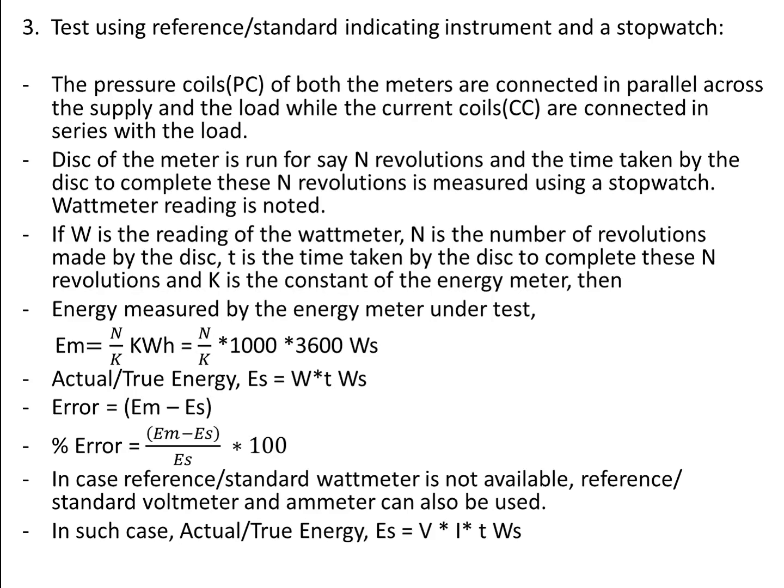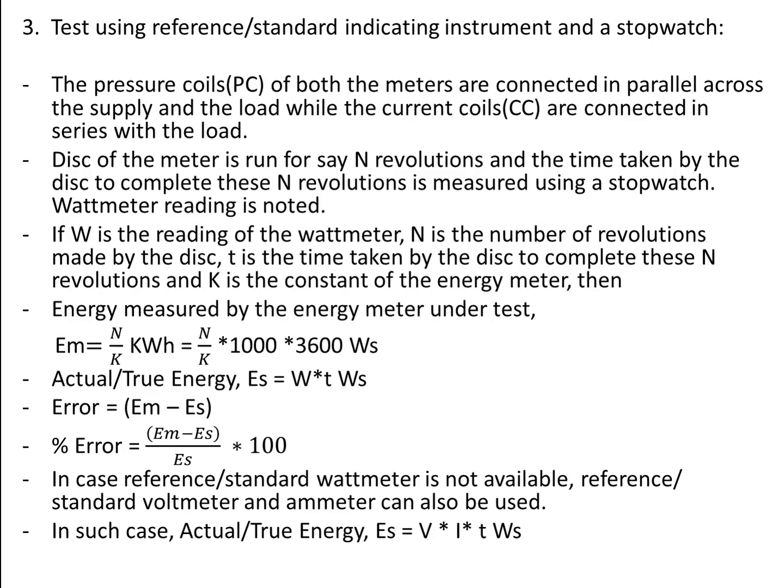So if we are using a substandard wattmeter as the second meter, then the circuit will be similar to the first two methods. That is, the current coils of both the meters will be connected in series with the supply, and the pressure coils of both the meters shall be connected in parallel across the supply.